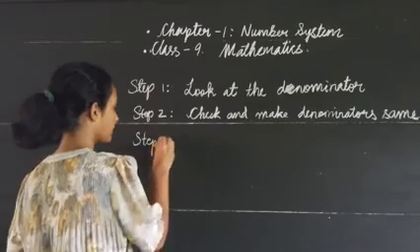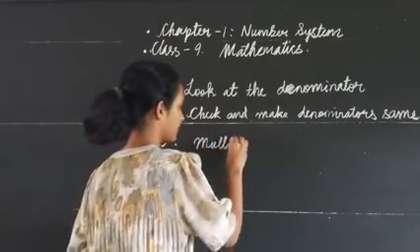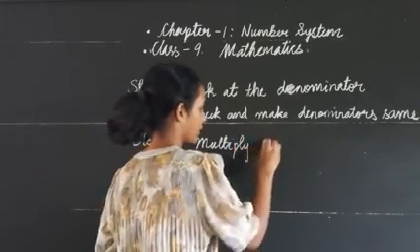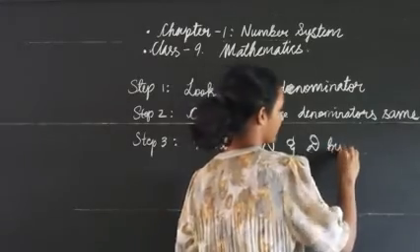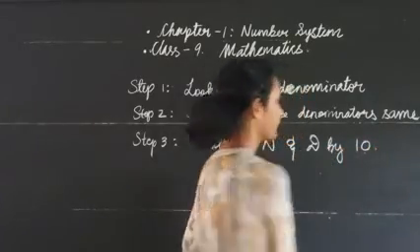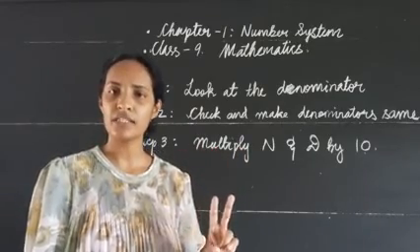Step 3, multiply numerator and denominator by 10. Okay? So, when two numbers are given to us, what do we do first?